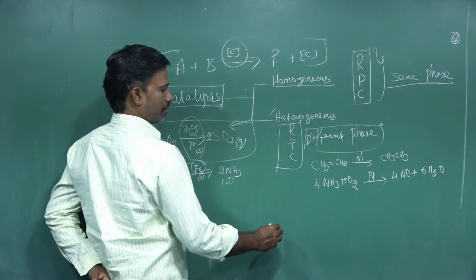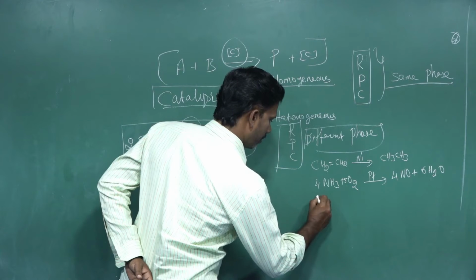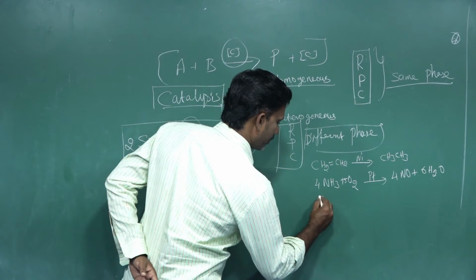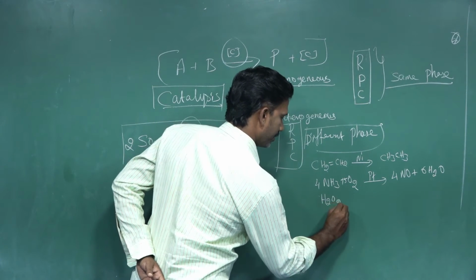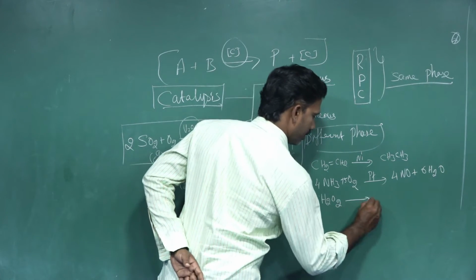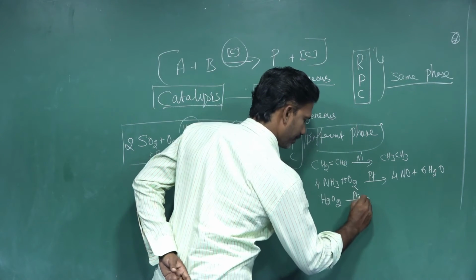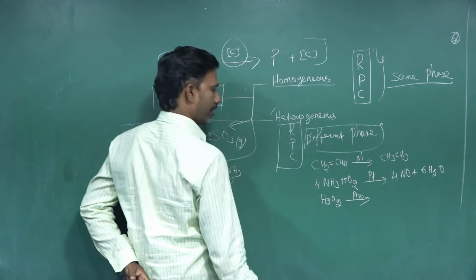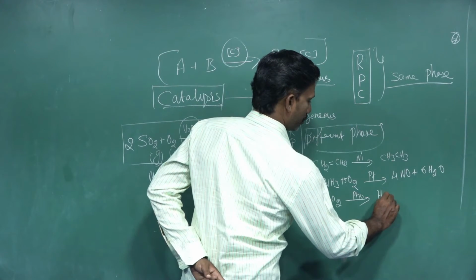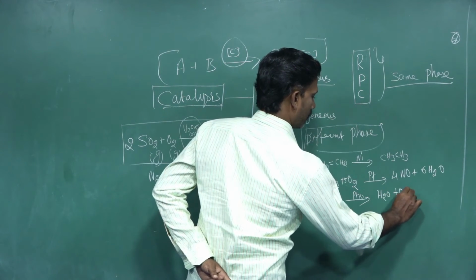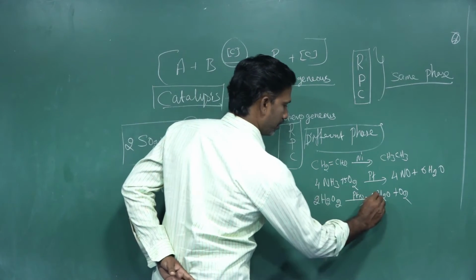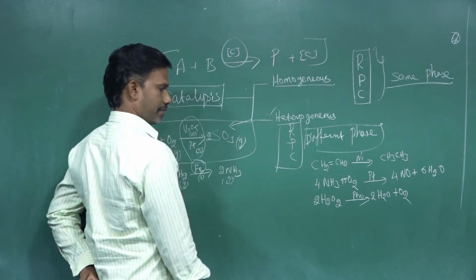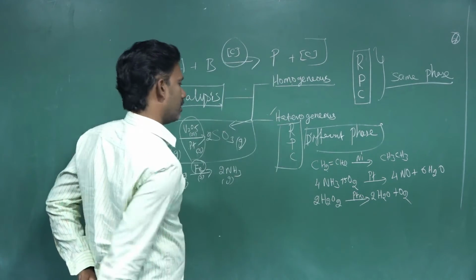These are heterogeneous catalysis. If you want more examples, it may go like this: decomposition of peroxide in the presence of platinum. Platinum is a solid catalyst, and you get H2O and O2. It's not balanced here, the 2 will be balanced. This is also heterogeneous catalysis.